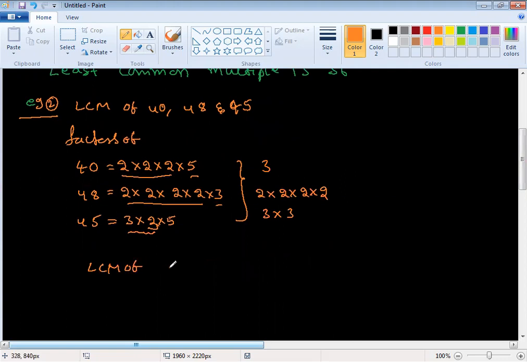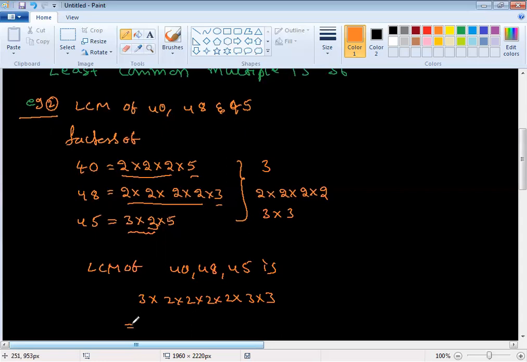LCM of 40, 48, 45 is 3 into 2 into 2 into 2 into 2 into 3 into 3.